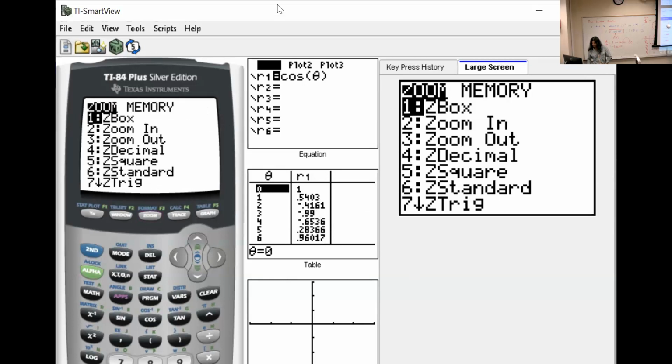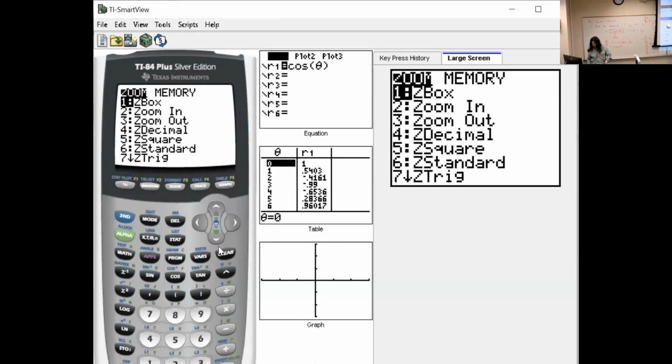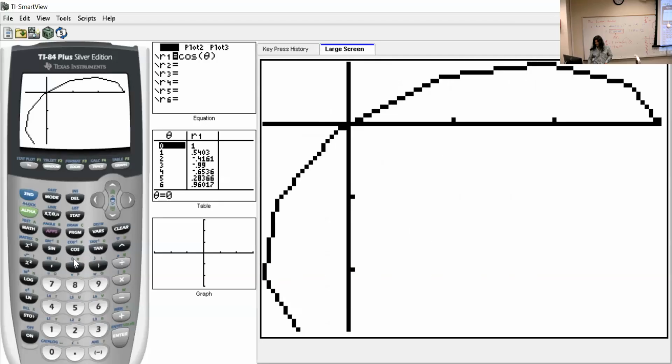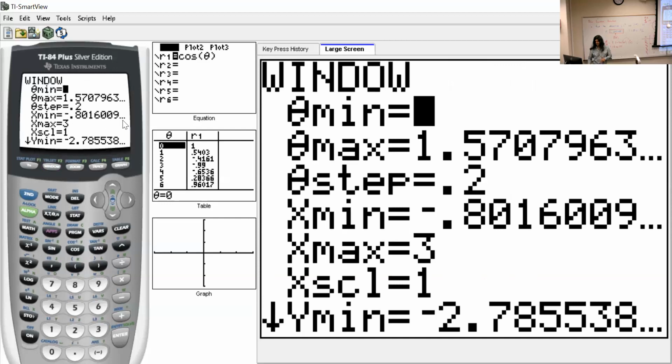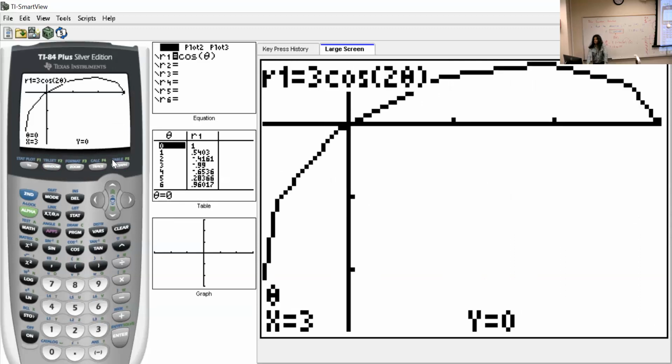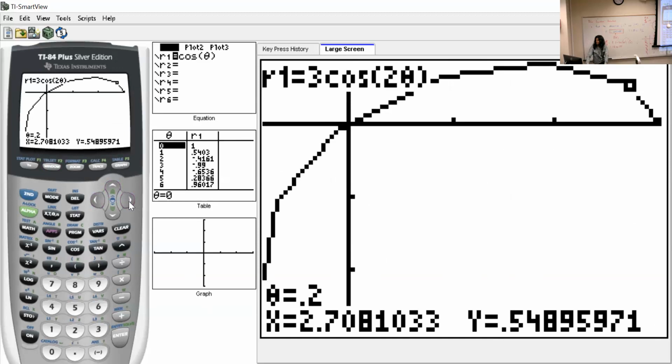Theta goes from 0 to 1. X is 2.708, I get y as 0.548.